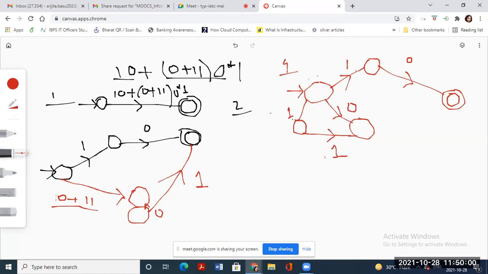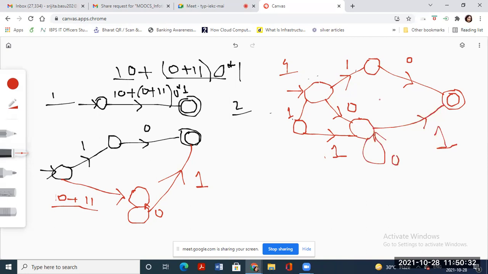So it's either a 0 or a 11. And after that, the things remain the same. We had a self loop of 0, and from here we would go to the final state with the labeling of 1. So here we are with the final NFA. Maybe it's not a DFA. You check whether it's an NFA or DFA. I guess it's an NFA.